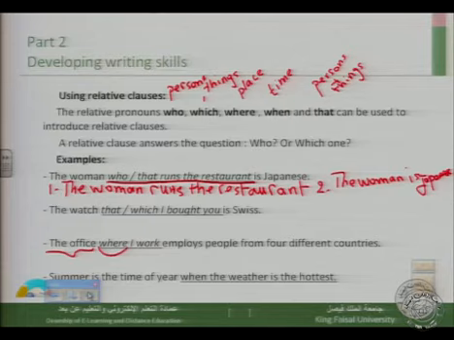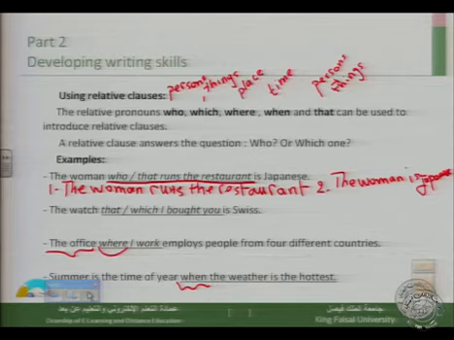The last example, summer is the time of year when the weather is the hottest. Our relative clause is when the weather is the hottest. The relative pronoun we used with time is when. So when is used with time.